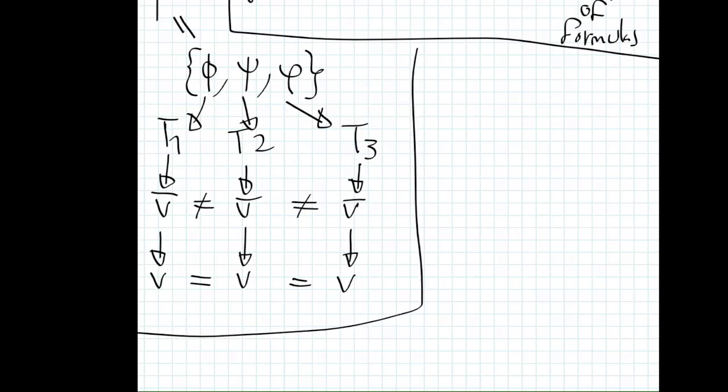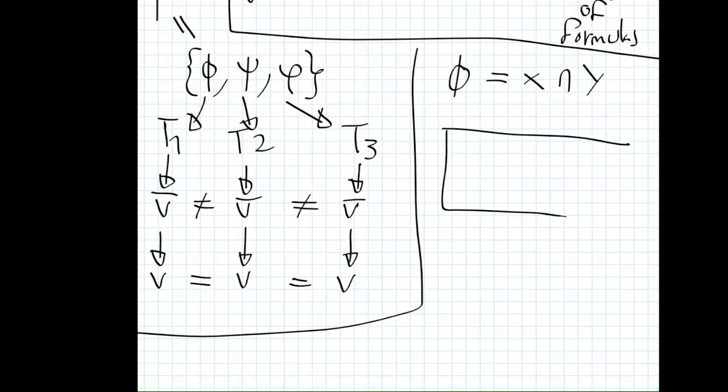So let's say that, for example, if phi is a formula where we have the x variable in conjunction with y, and then we define a table like we did before where x and y can be given 0, 0, 0, 1, 1, 0, 1, 1.